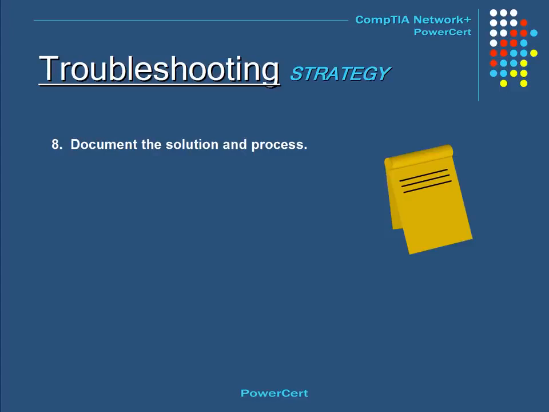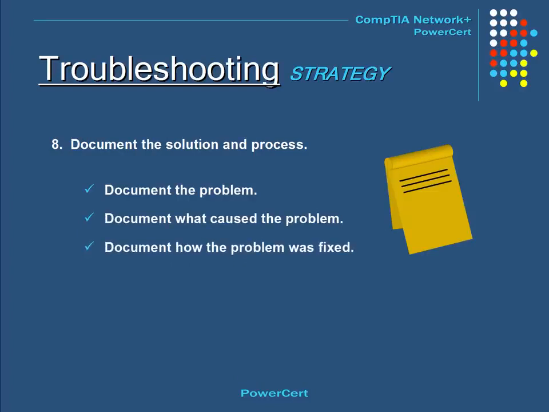The things to include in the documentation are the problem itself, what actually caused the problem, and how you fixed it. By following all these steps carefully, you can be assured to diagnose and solve problems effectively as a network administrator.